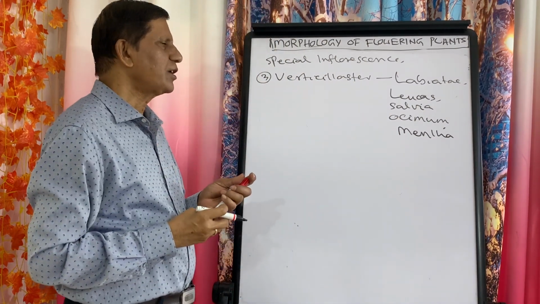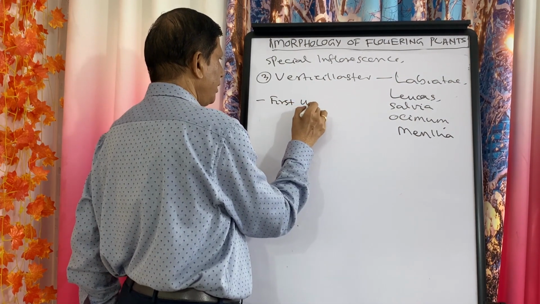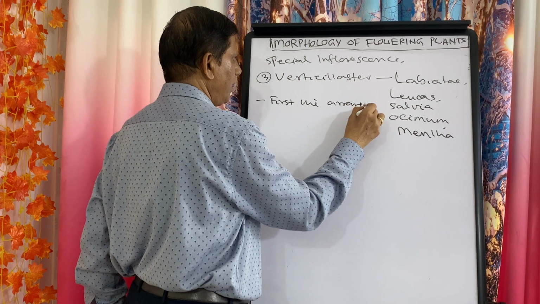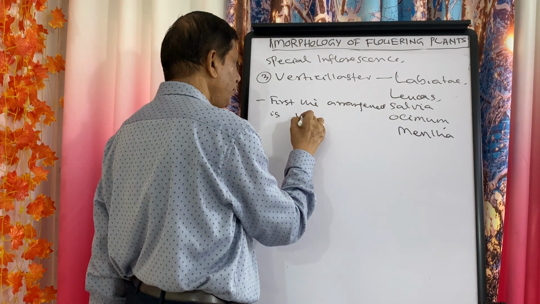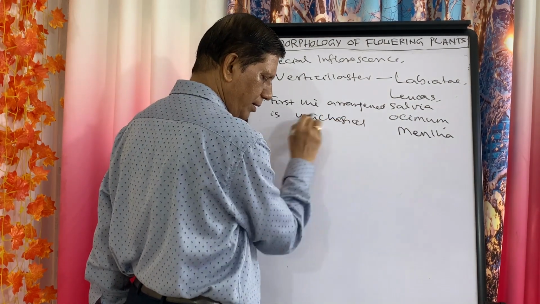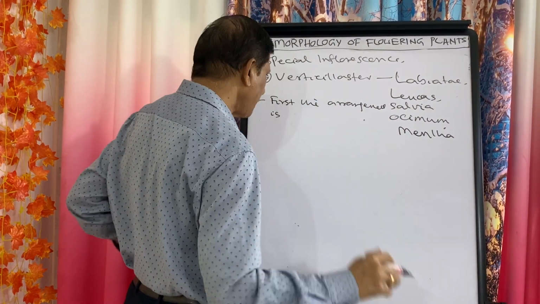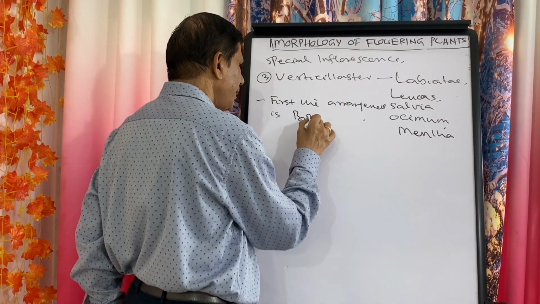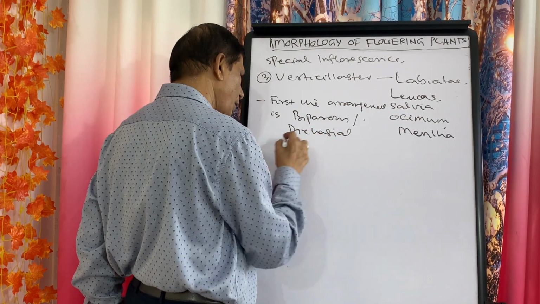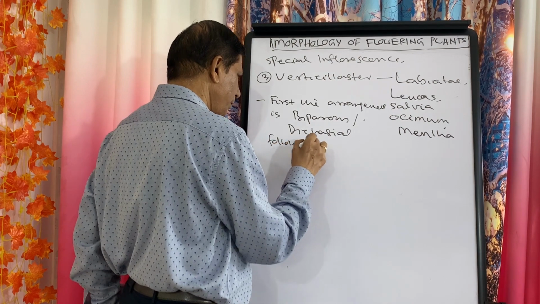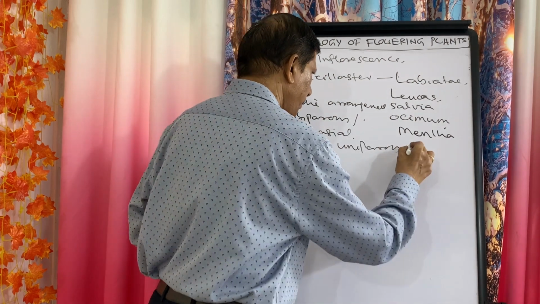So in case of verticillaster type, first the arrangement is biparous or difacial, followed by uniparous scorpioid arrangement.